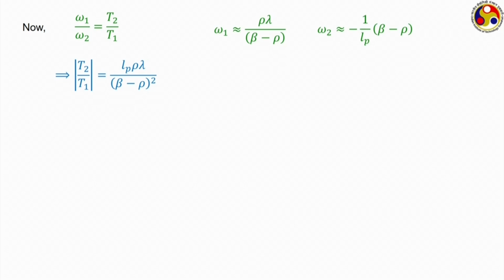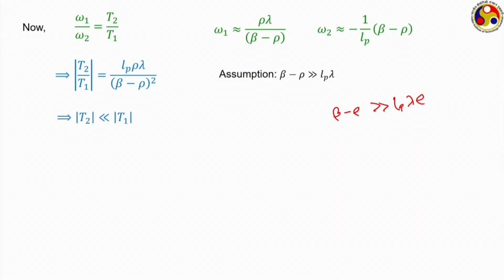But in the previous slide we have considered beta minus rho to be significantly larger than LP into lambda, and once you multiply the two, with rho being a small number, this has to be significantly greater than LP lambda into rho, and hence we can safely say that this T2 has to be significantly smaller compared to T1, or omega 1 is significantly smaller than omega 2.